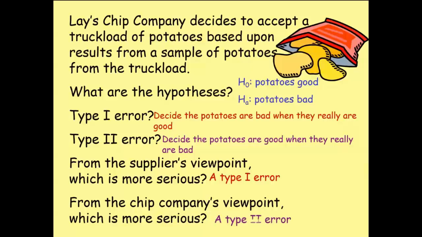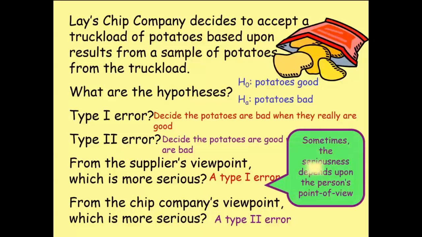From the company's point of view, they happen to think type 2 is worse because here they've accepted this shipment of potatoes, and it's going to ruin their supply. Customers are going to be outraged, whatever. It's potatoes. But again, the seriousness depends on who's asking the question in the statement.